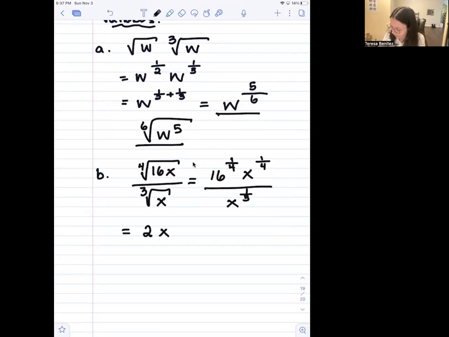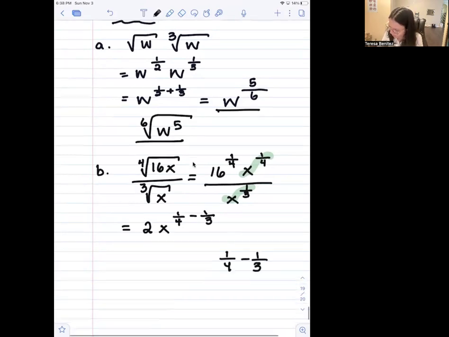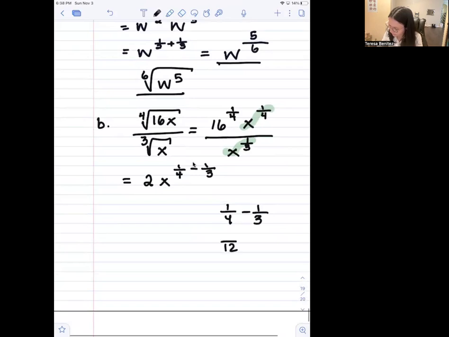Then I know that when I'm dividing something like this, x to the power of 1/4 divided by x to the power of 1/3, it means I subtract the exponents, okay? 1/4 minus 1/3 as the exponent of x. They really want us to practice here using the least common denominator and so on.